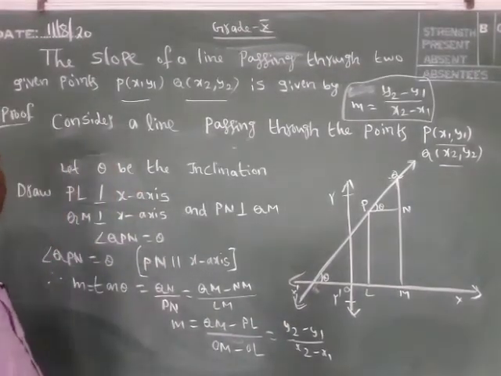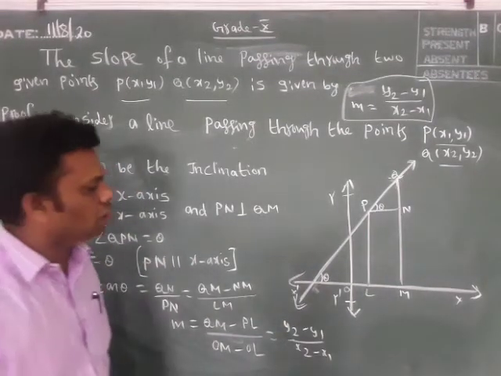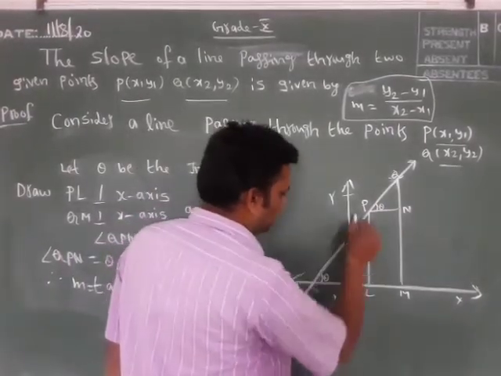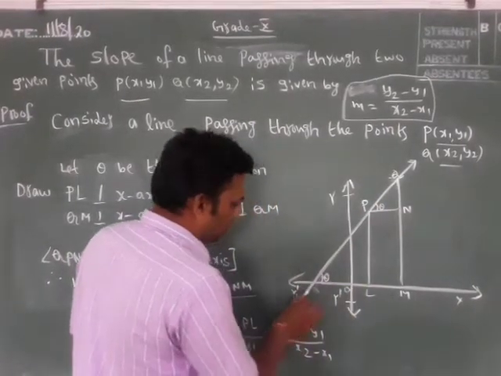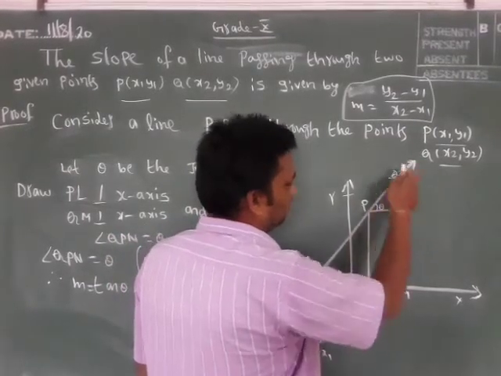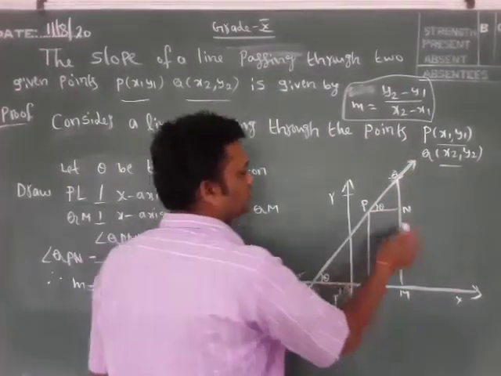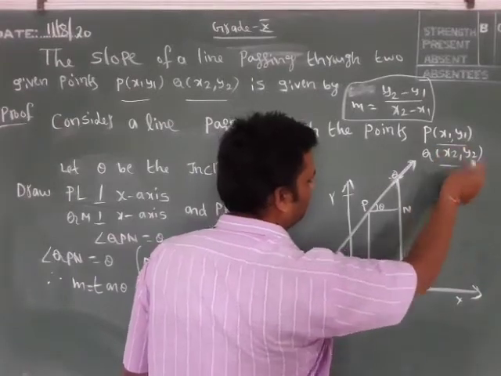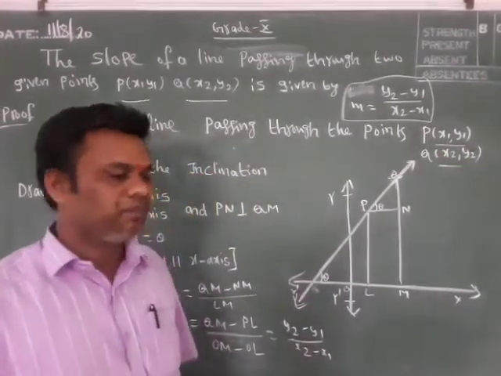Now draw the x-axis, the y-axis, the intersecting point, and this line with points P and Q, where P is (x1, y1) and Q is (x2, y2).